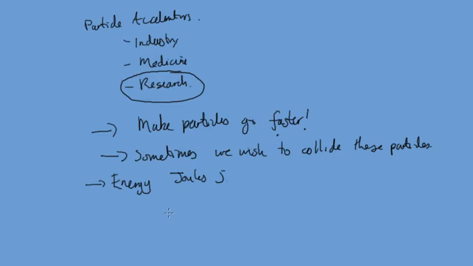And when you're talking about these tiny little subatomic particles, we don't use joules, we use electron volts as our way of measuring how much energy these particles have. And we call the unit EV, electron volts. 1 electron volt is the same as 1.6 times 10 to the minus 19 joules, which, if you are remembering, is the same as the charge on an electron.